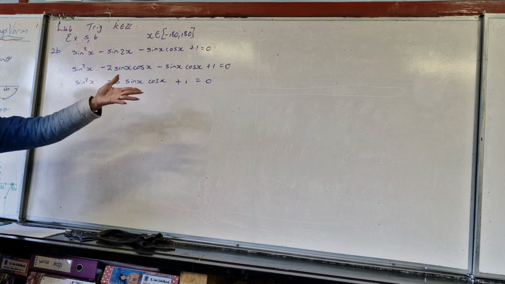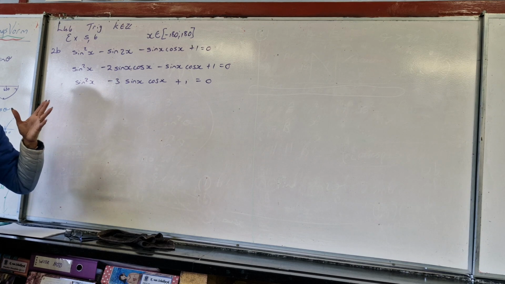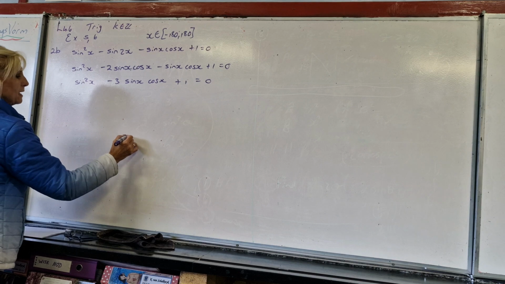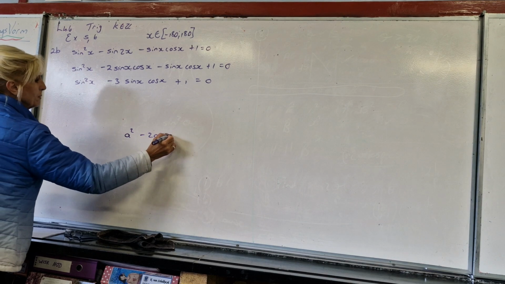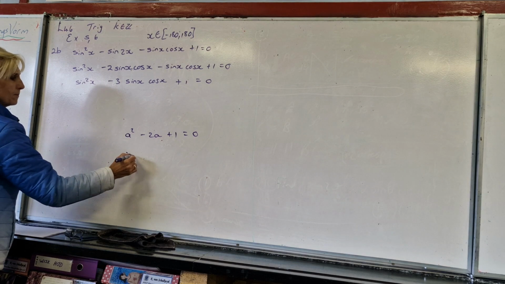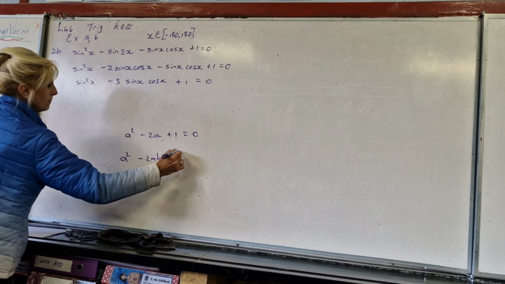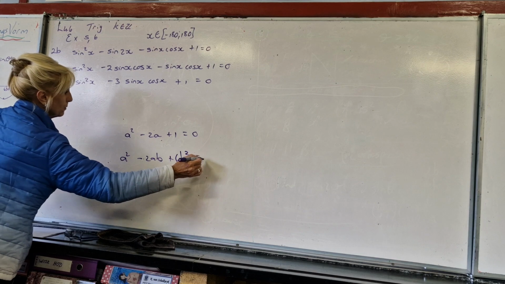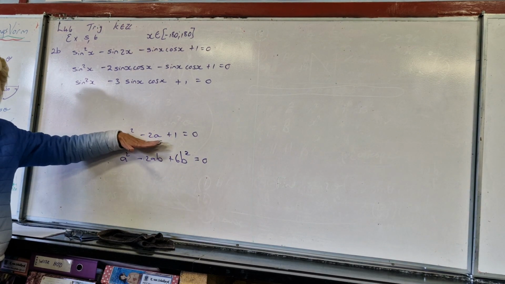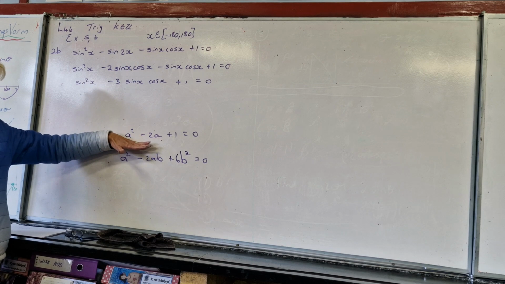Quadratic trinomial. But why is this not lekker? A quadratic trinomial is either going to be something, say, let's say a squared minus 2a plus 1, whatever. Or it could sometimes be something else. I'm not giving you stuff that can factorize now. But if it's only one variable, it's got to be something like that.